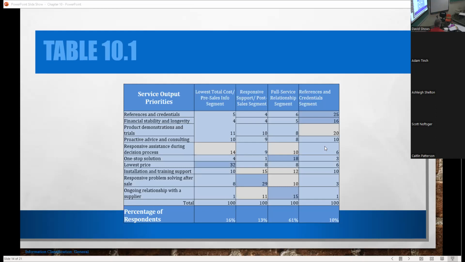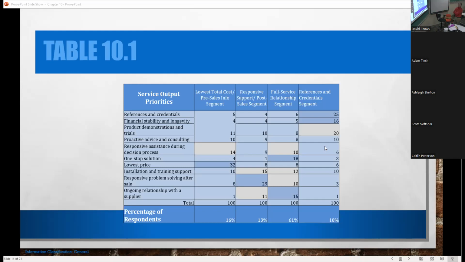I'm looking at organizations that don't have a lot of internal support, all right? They need help. Also with this, lowest price means little or nothing to them. They're individuals who want to make sure that they're making the right choice. And so that group is going to be a group that I would expect is going to require a lot of help. Responsive support, post-sale segment.